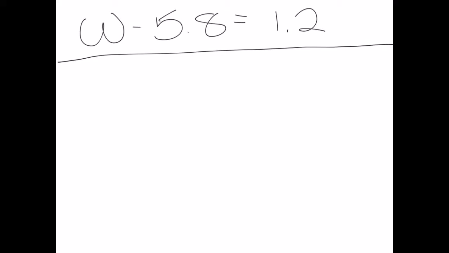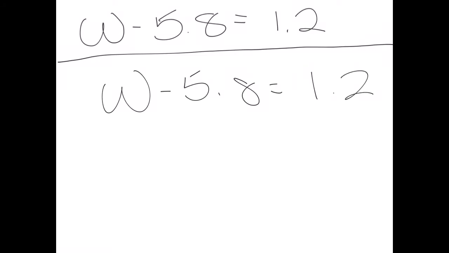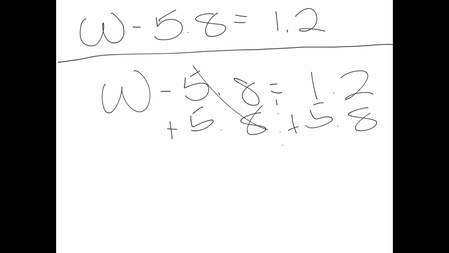To solve W minus 5.8 equals 1.2, first you must add 5.8 to both sides. Then we'll draw a little dotted line, and we'll bring down the W equals whatever this outcome comes to.